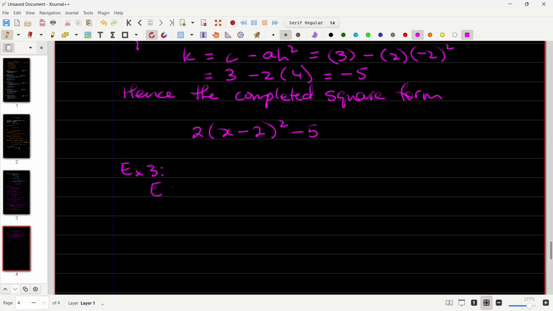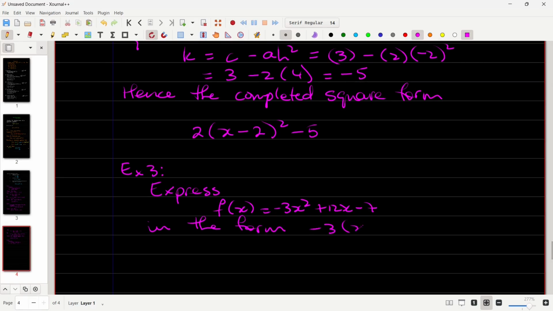We can say express f of x equal to minus 3x squared plus 12x minus 7 in the form minus 3 into x plus h squared plus k.